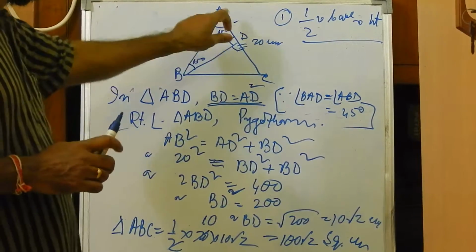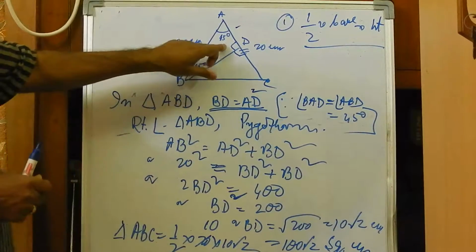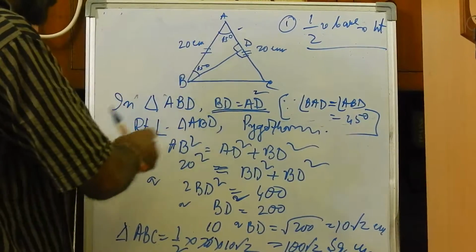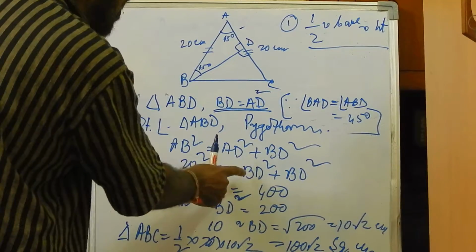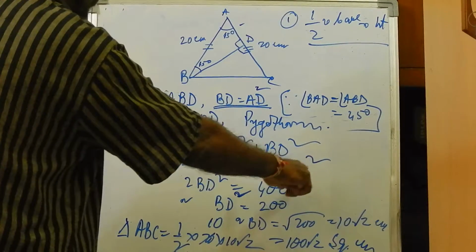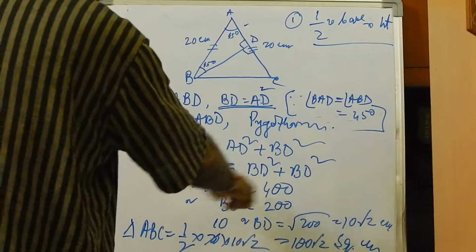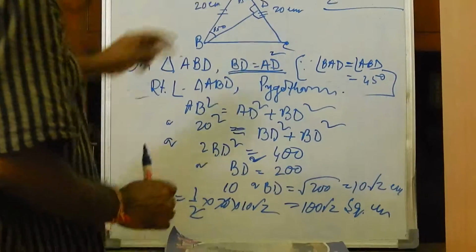So what we need here is BD. I have no interest in the value of AD. We need BD. So we can replace AD by putting BD. So BD square already there, and another BD square, 2 BD square equals 400, BD square equals 200, BD equals 10 root 2 centimeter.